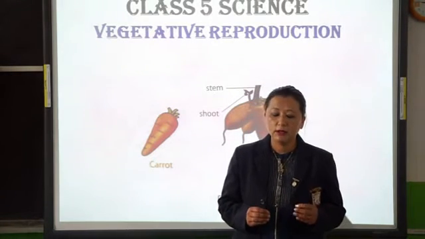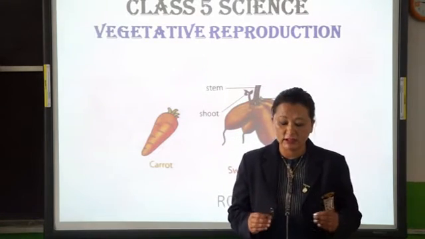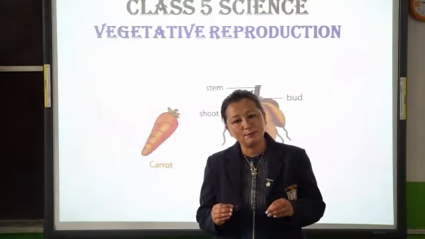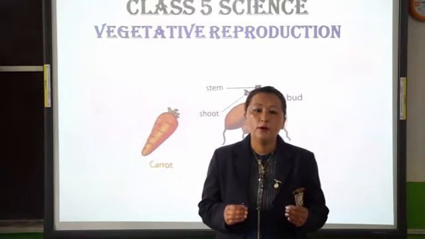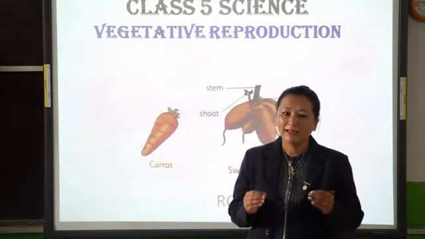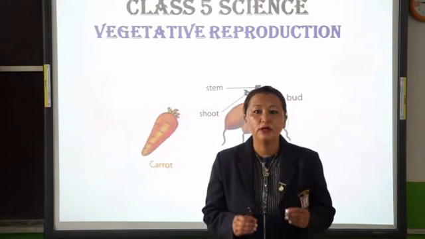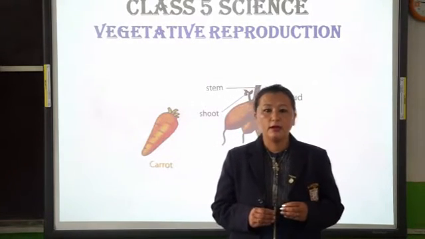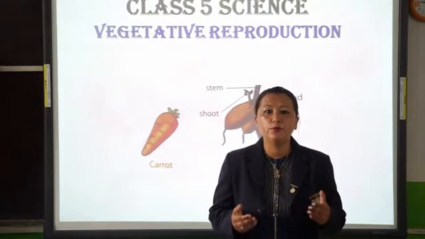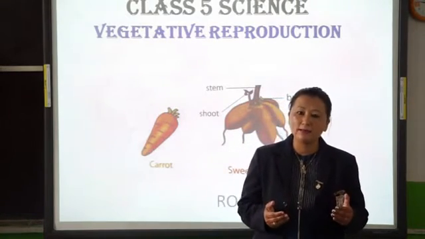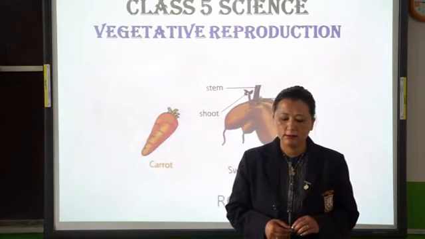I repeat, new plants can grow from vegetative parts like stems, roots and leaves of a parent plant. This is called vegetative reproduction. Now, let us see how vegetative reproduction in plants takes place in various ways.